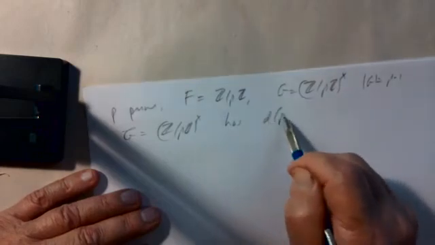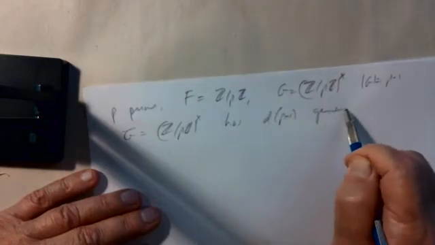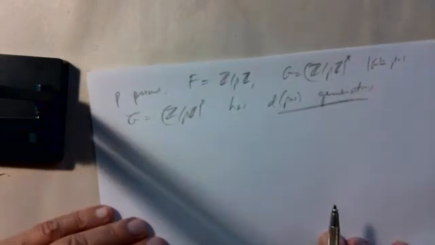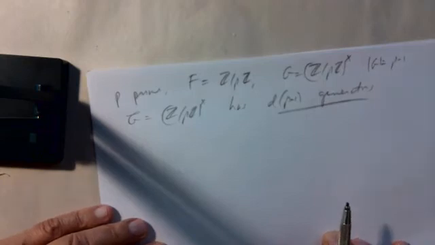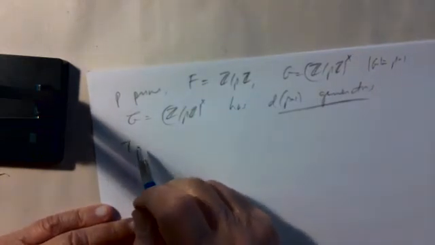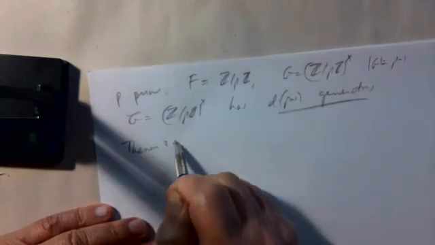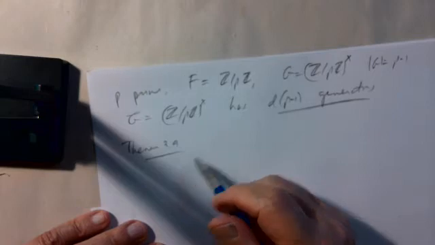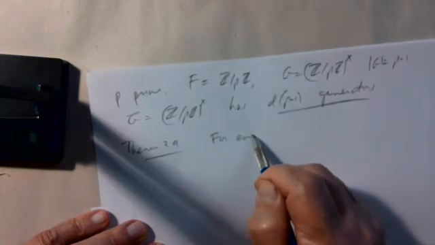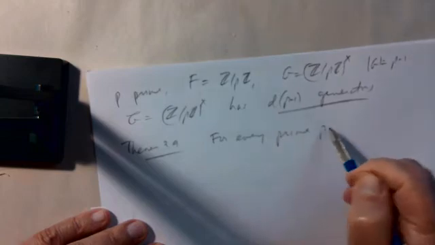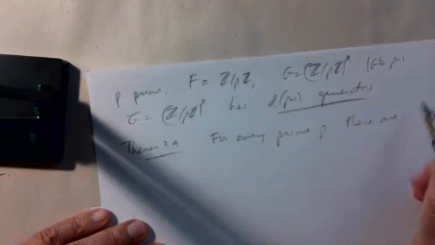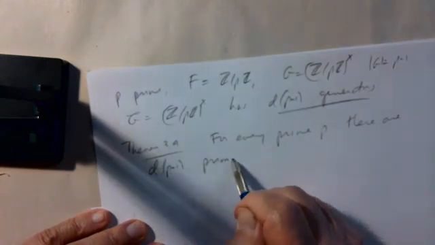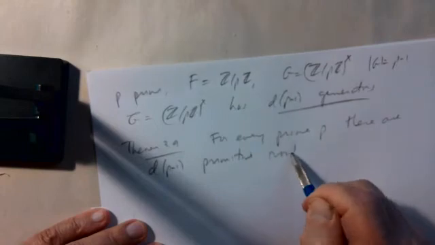It has phi of P minus 1 generators. So this is theorem 3.4. For every prime P, there are exactly phi of P minus 1 primitive roots.